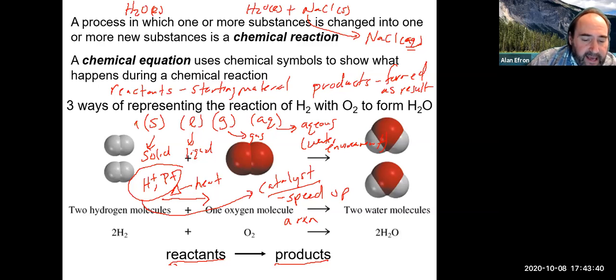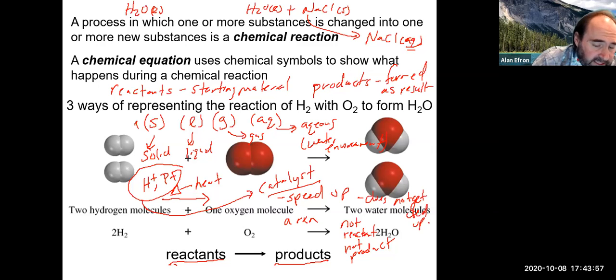But again, a catalyst is not a reactant. It's not a product. And it does not get used up. It's just there to facilitate that reaction occurring faster.